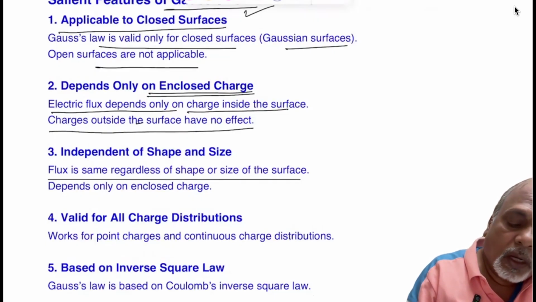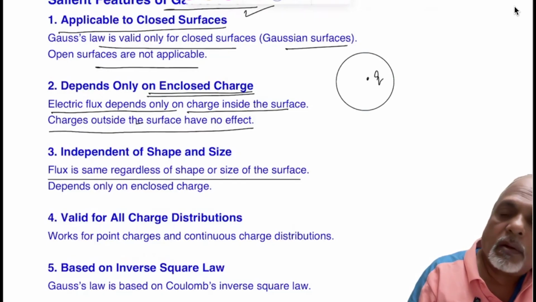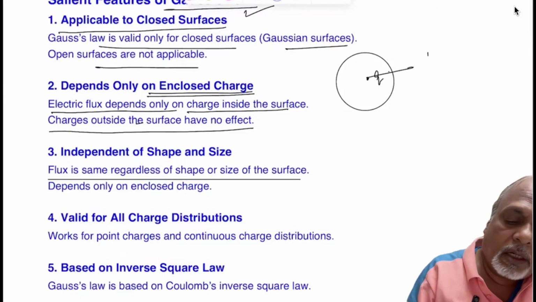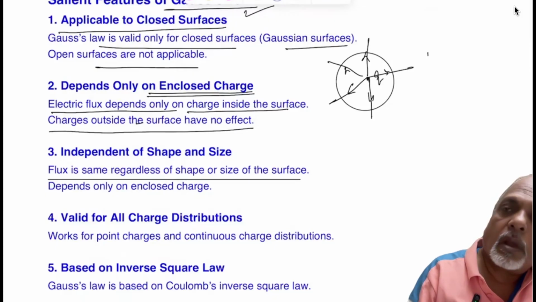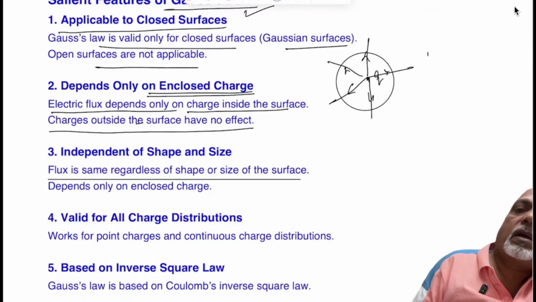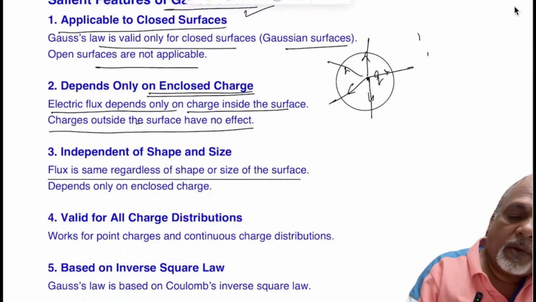Means suppose Q charge is there, you make a spherical Gaussian surface, or any other surface, since all the electric field lines will be passing through this, the flux will be nothing but Q upon epsilon 0.